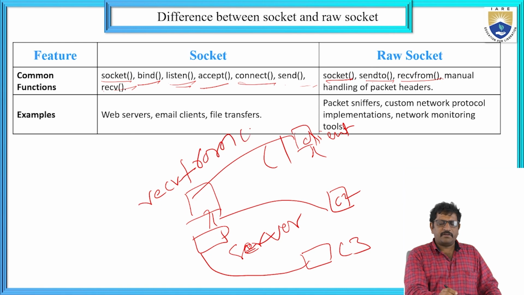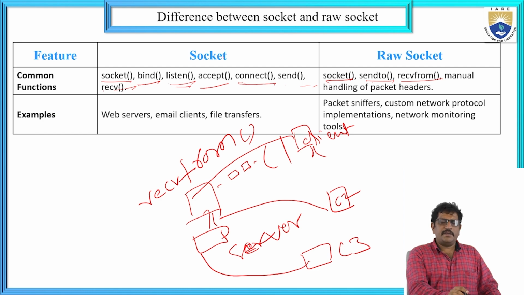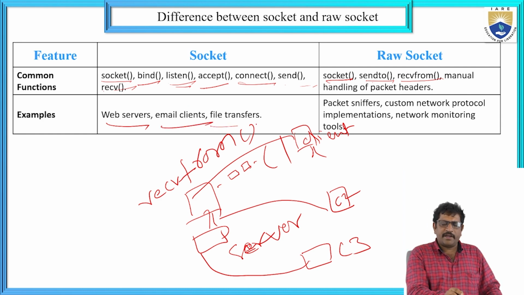By the receive from function we can receive the data and handle the packet headers. These are the packet headers that can be handled from the clients, the required client. The best examples for standard sockets are web servers, email clients, and file transfers.